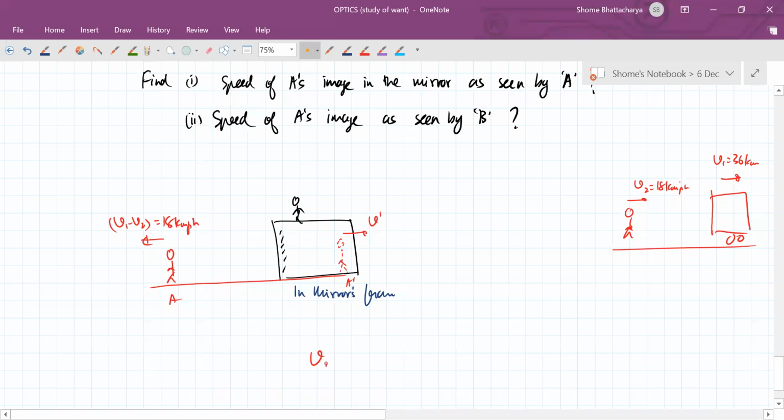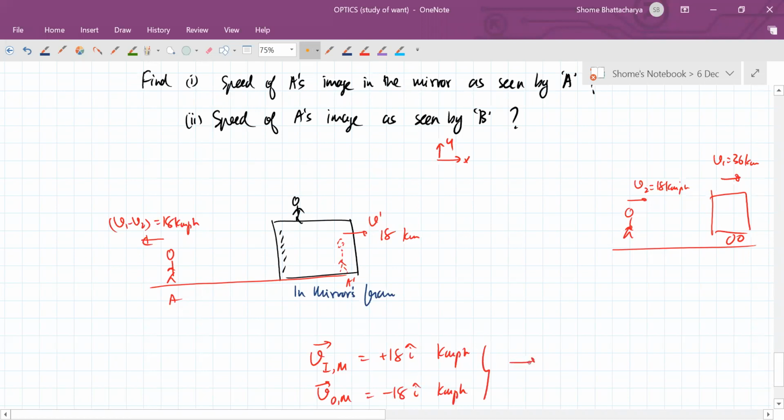So the velocity of the image with respect to the mirror is plus 18 i cap, and the velocity of the object with respect to the mirror is minus 18 i cap.